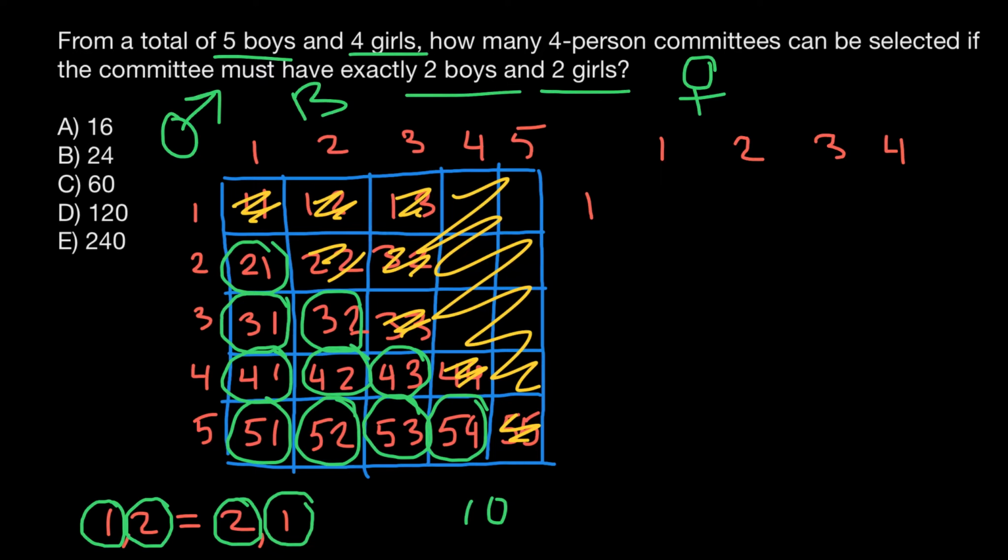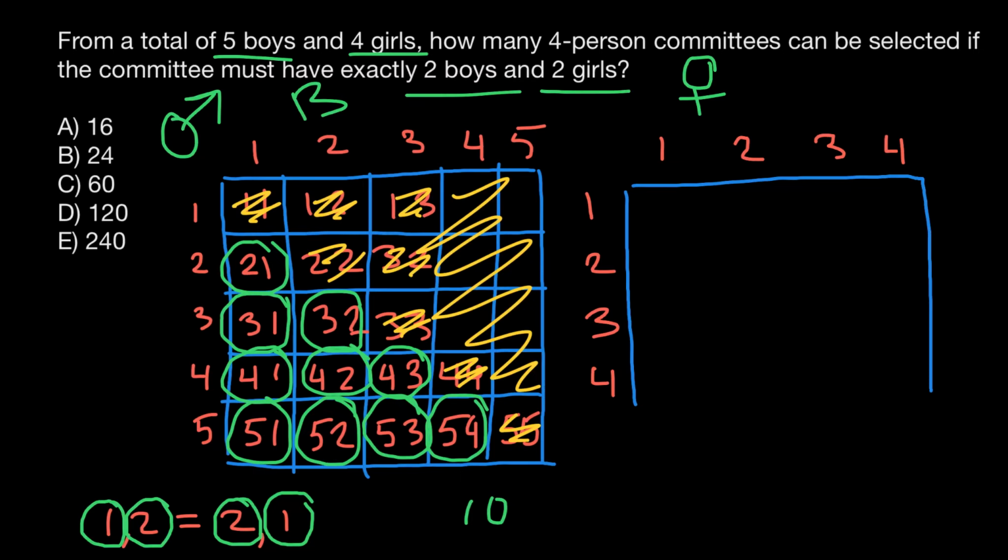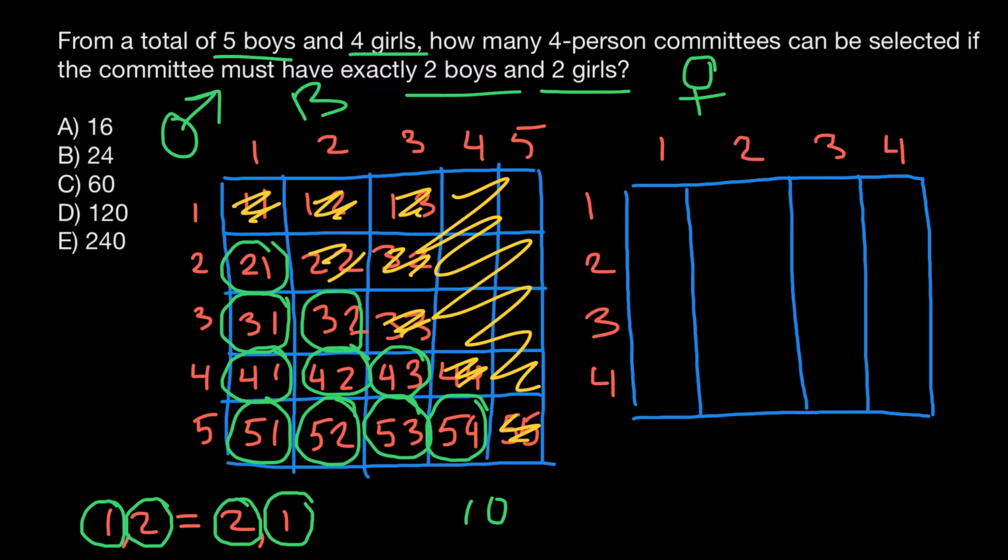And again, these girls can make the following combinations. We are going to build another Punnett square. It's going to be smaller because now we choose 2 girls from 4 girls. Again, we cannot get 2 of the same girl.